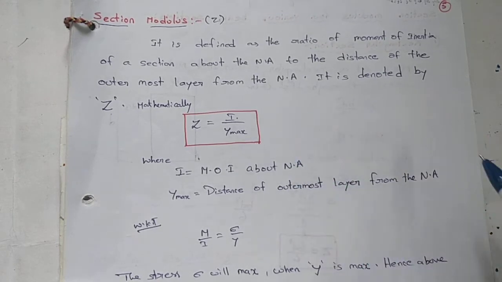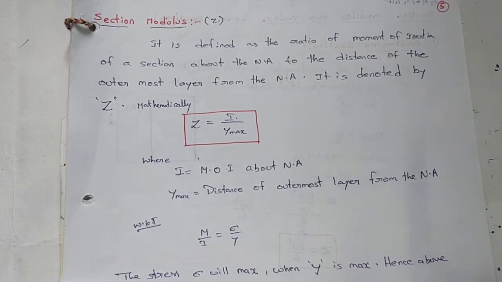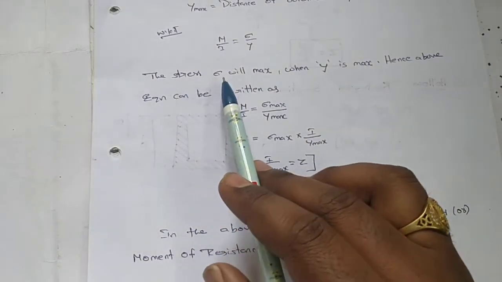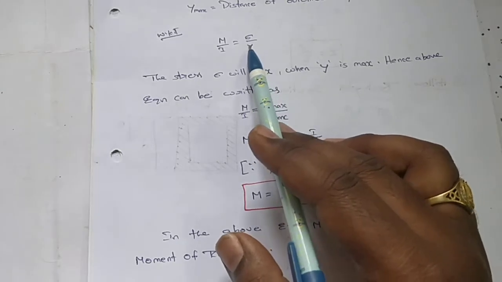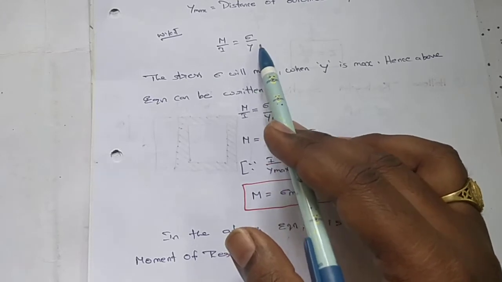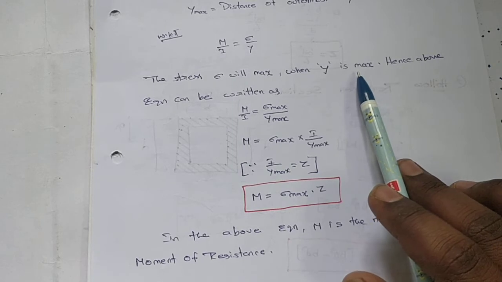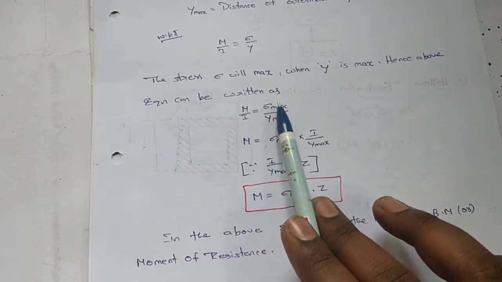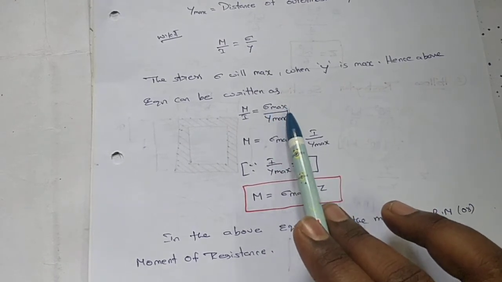From the bending equation we know that M by I equals sigma by Y. Here the stress sigma will be maximum when Y is maximum. As the distance from the neutral axis to the topmost layer increases, the stress also increases. Hence, M by I equals sigma max by Y max. If the Y value decreases, the stress value also decreases.